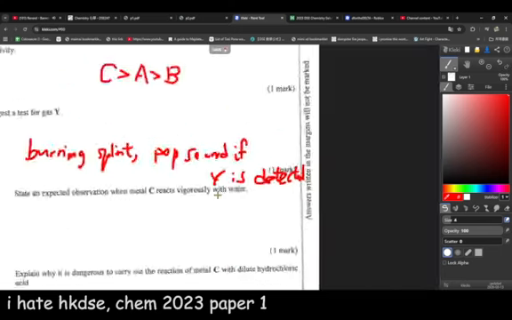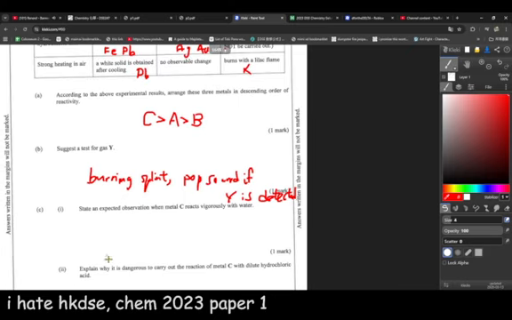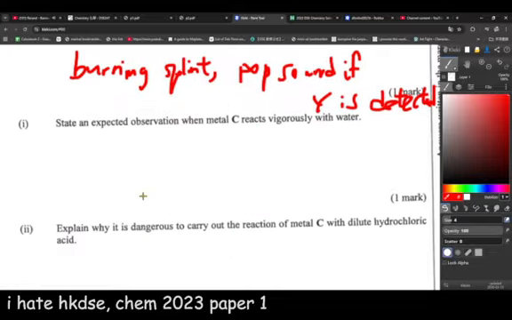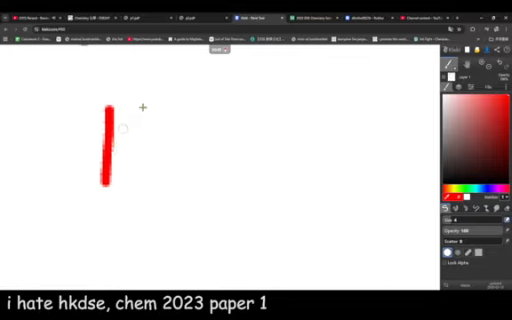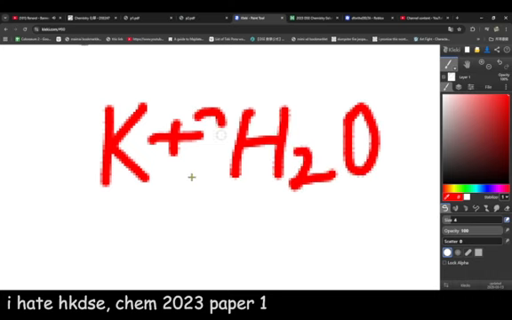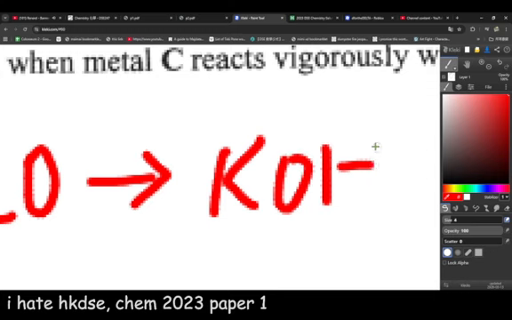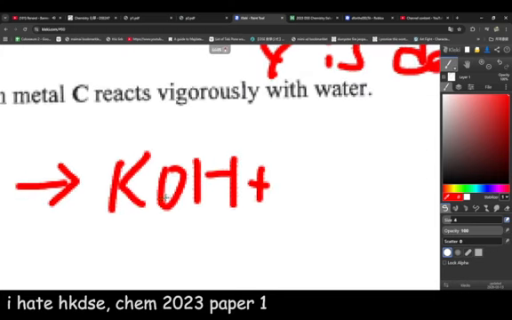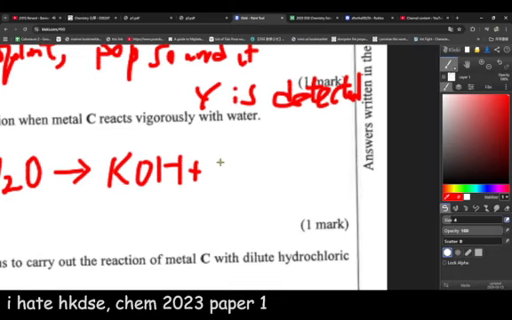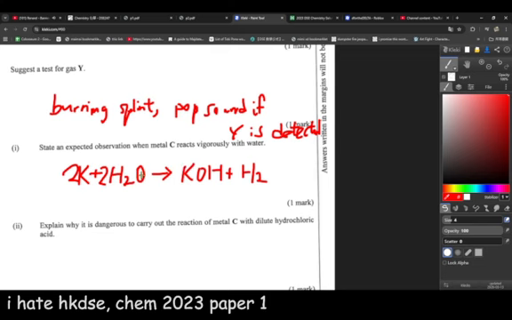There you go. State an unexpected observation when metal C reacts vigorously with water. Okay, metal C is K. Memorize the freaking reaction. Look, I don't really have any witty things to say here.